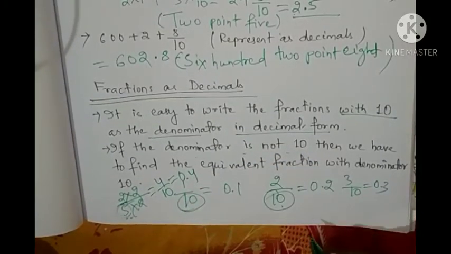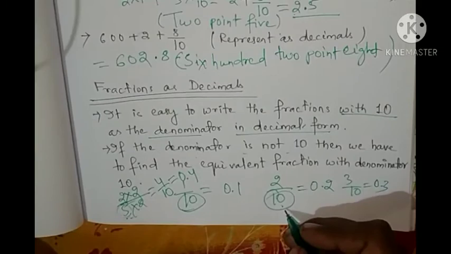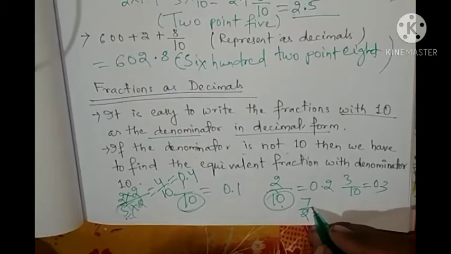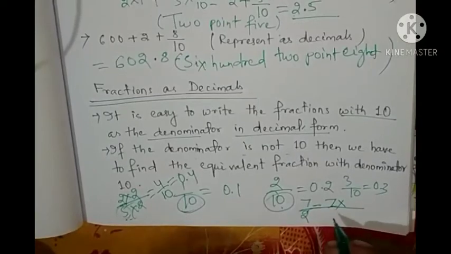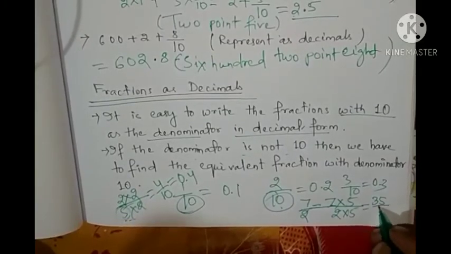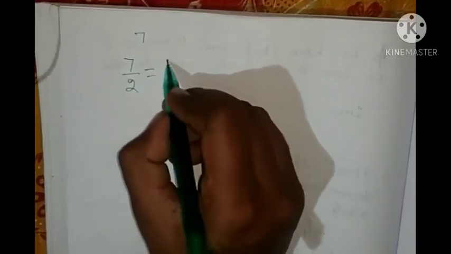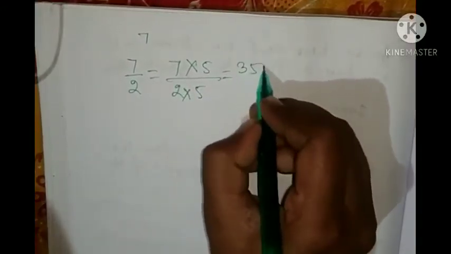Okay, if I write here 7 by 2. So what will I do? I'll convert it into an equivalent fraction with denominator 10. So 2 into 5, 7 into 5. So 35 by 10. So we can write 7 by 2 equal to 7 into 5, 2 into 5, 35 by 10.